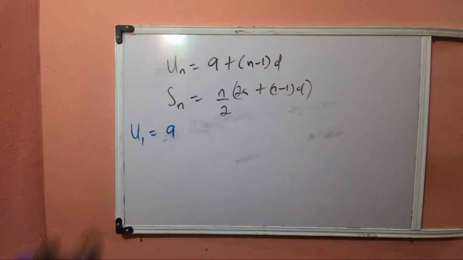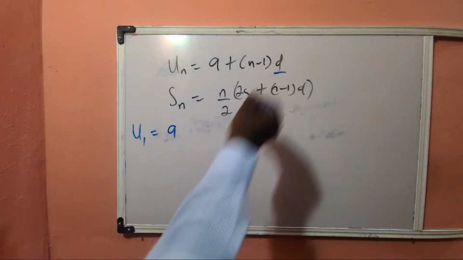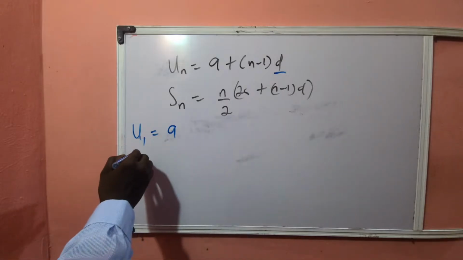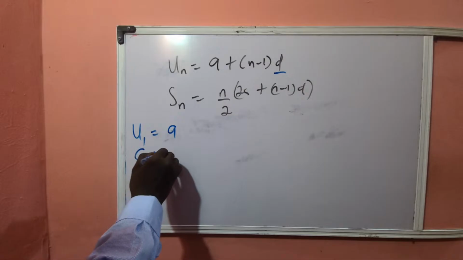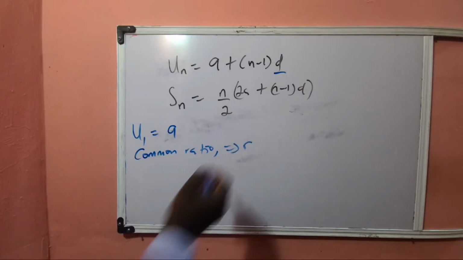U1 in a GP is A, which is the same thing as that of an AP. Now, the difference between an AP and a GP is that whereas in AP we talk about the common difference as D, in GP we talk about a common ratio. And here we specify it as R.